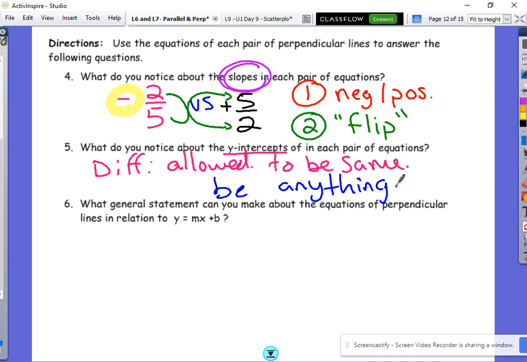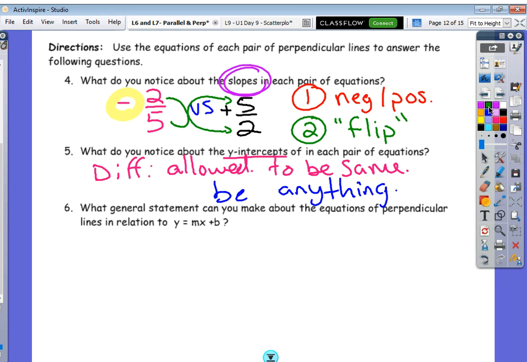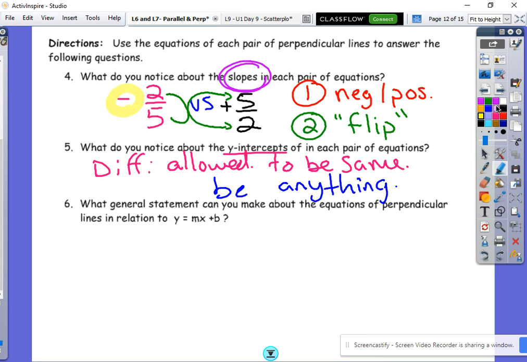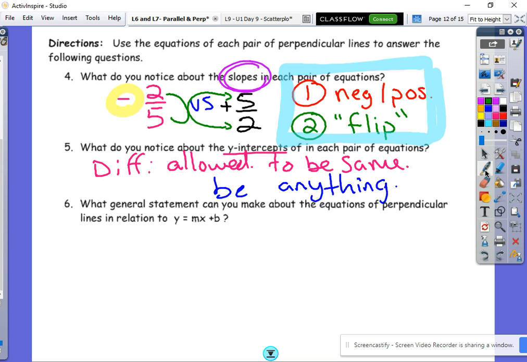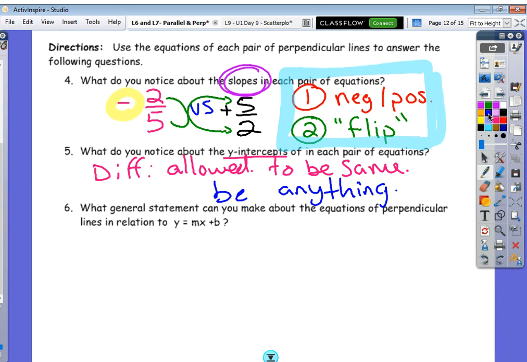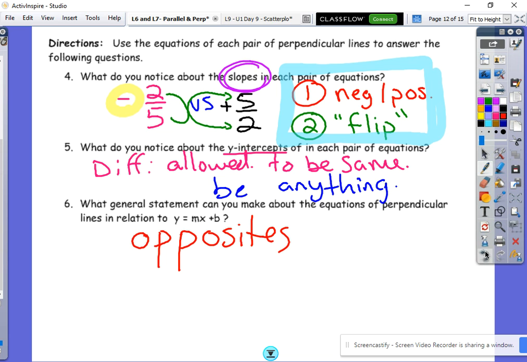So how do we summarize this about the slopes and the y-intercepts? Our summary is this, this is the big one right here, this top one. In order to put this into words, if one is going to be negative and one is going to be positive, the word for that is that they have to be opposite signs. They're going to be opposites.